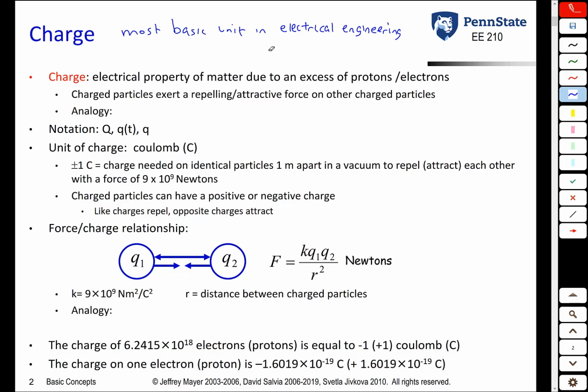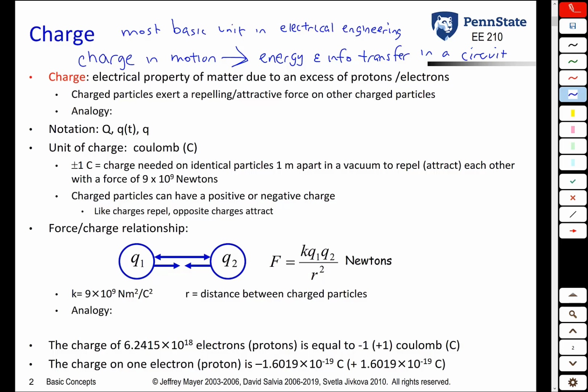Because charge and motion is what yields energy and information transfer, which is what circuits are all about. So charge in motion leads to energy and info transfer in a circuit.